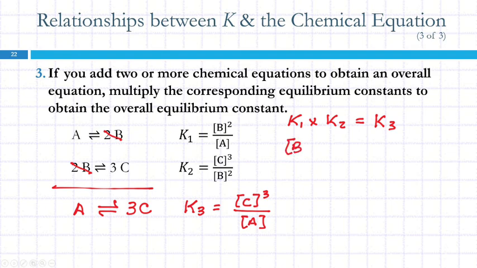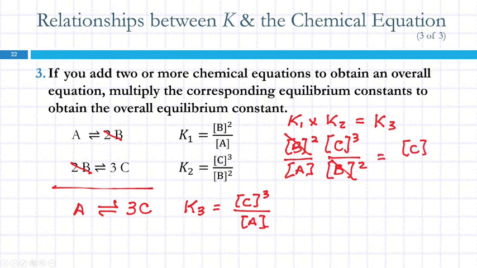K1 is B squared over A. K2 is C cubed over B squared. And so B squared in the numerator and the denominator cancels out, leaving C cubed over A.